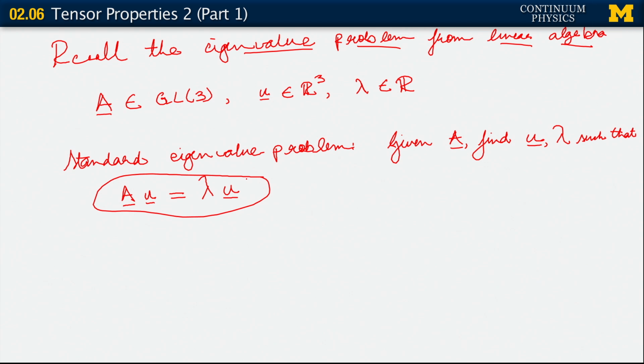Once this holds, we know that u is called an eigenvector, and lambda is the corresponding eigenvalue.